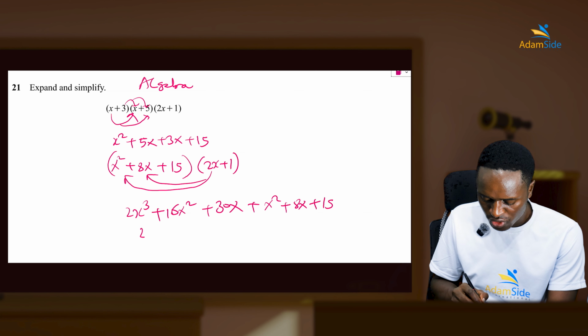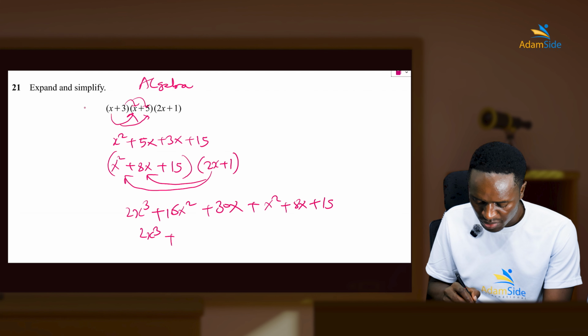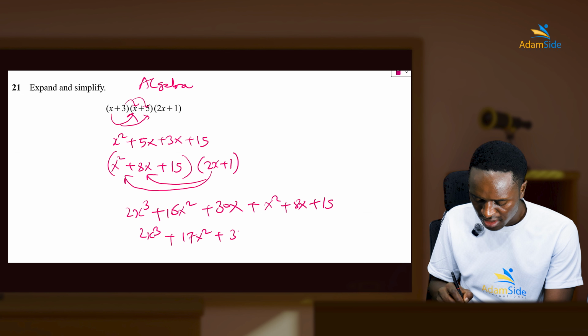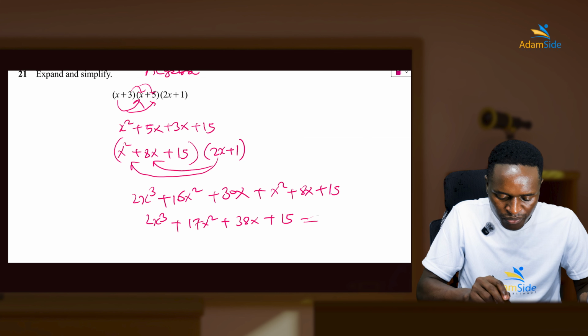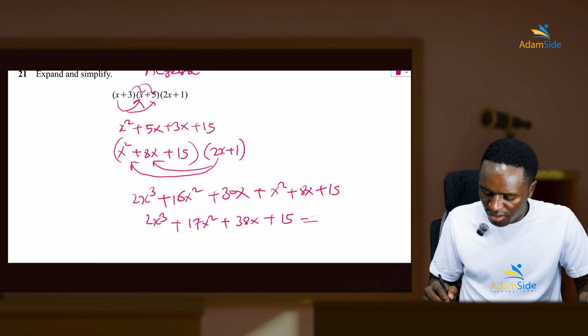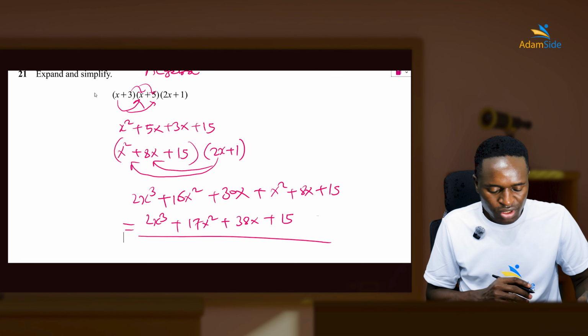Now you get 2x cubed plus 16x squared plus x squared is plus 17x squared; 30x plus 8x is 38x, plus 15. This is the answer of our equation. You get full marks. And then we go to question number 22.